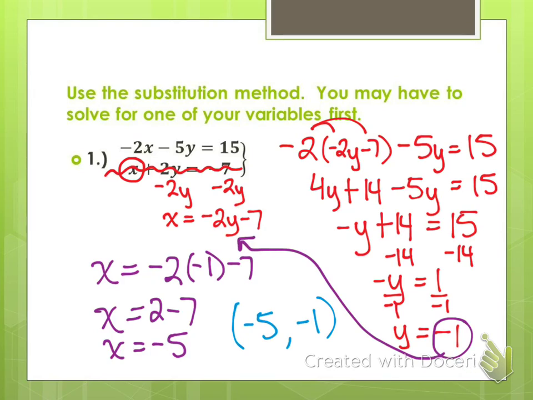Does that make sense? Okay, so we got to keep track of which variable we've solved for and which one we're still trying to find. Yesterday, we almost always had x first and then we found y. Today, it could go either way. So that's a good point. We got to keep track of that.